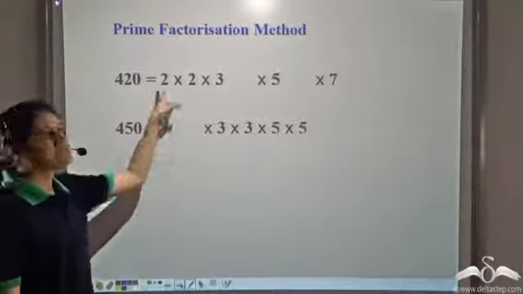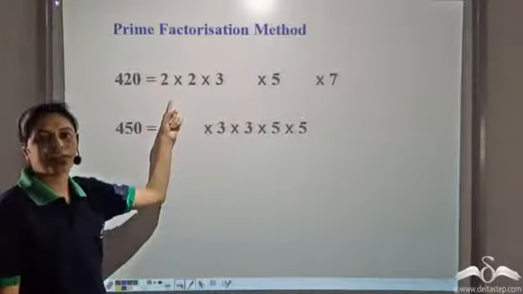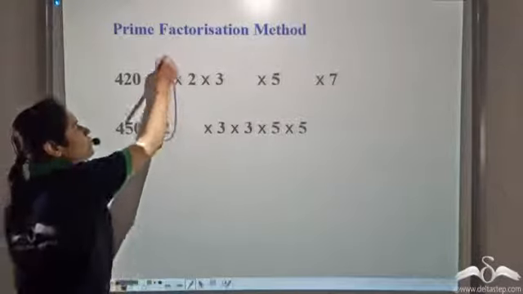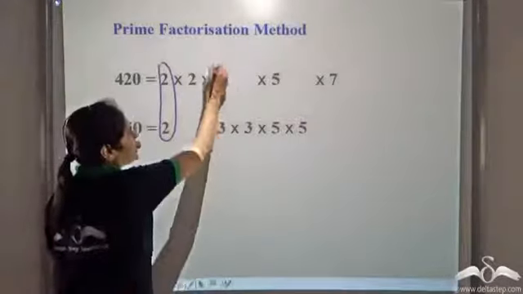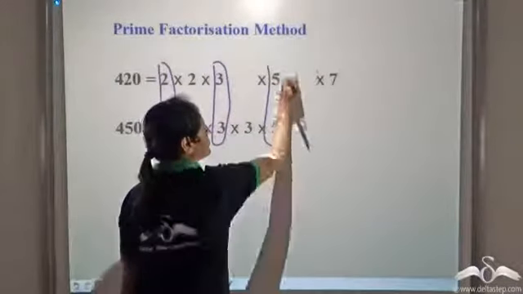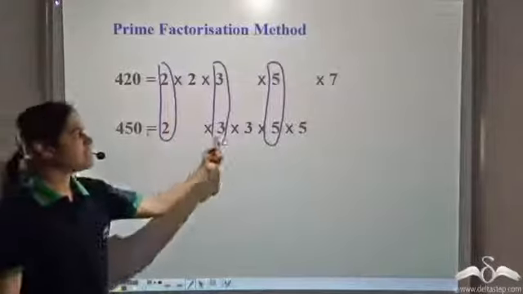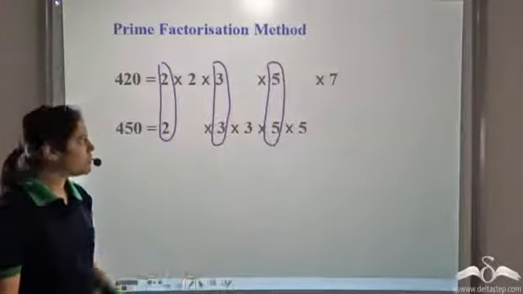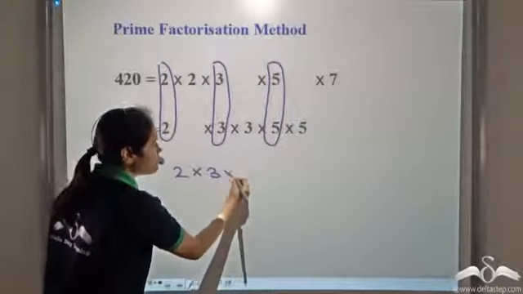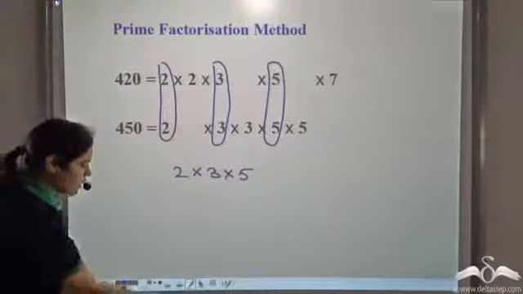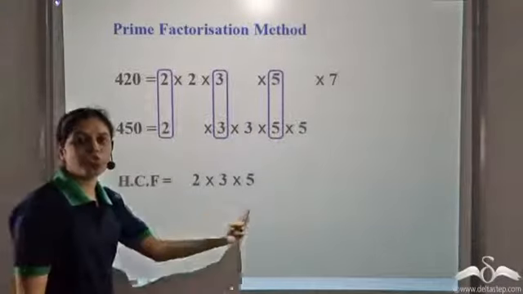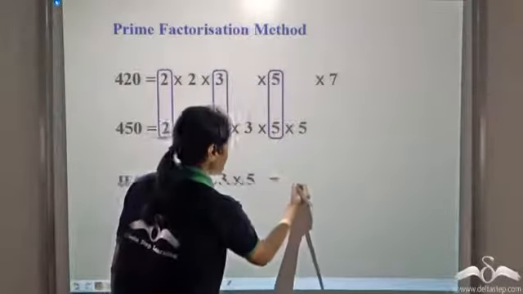So now we see what are the common prime factors of these two numbers. So 2 is common, 3 is common, and 5 is common. Do we have anything else which is common? No. So the HCF can be written as 2 into 3 into 5, which is equal to 30.